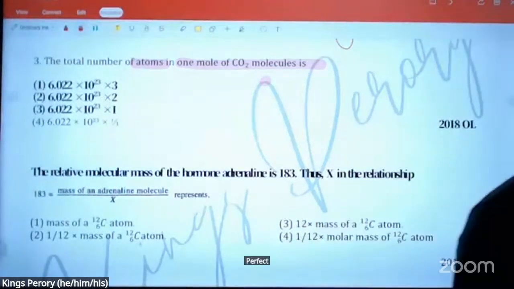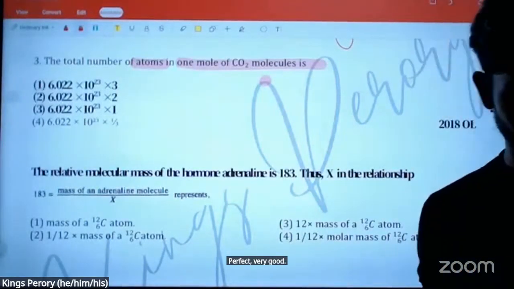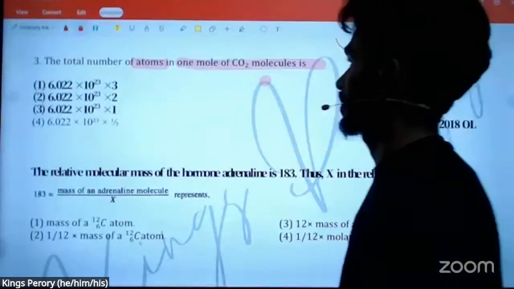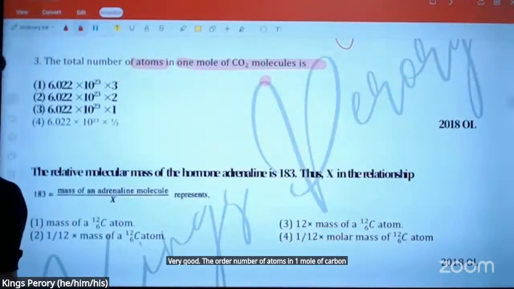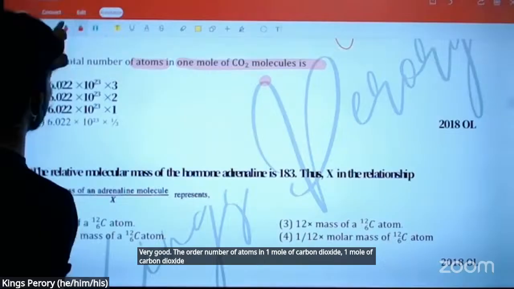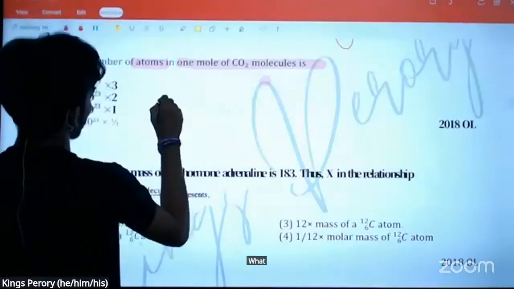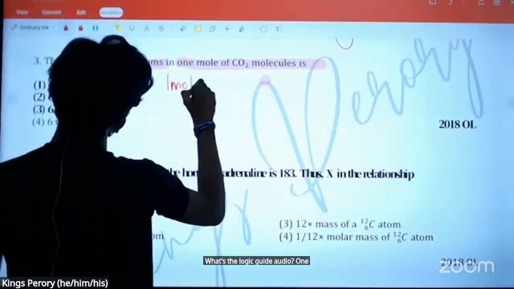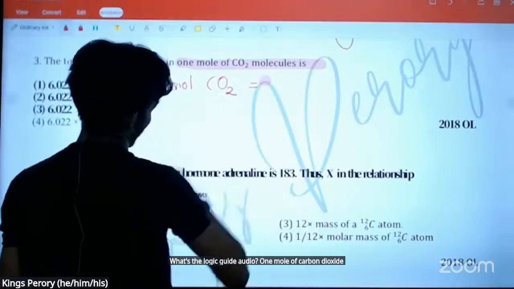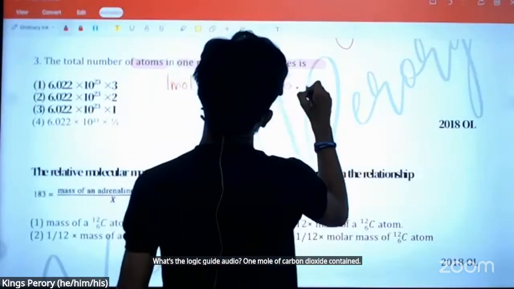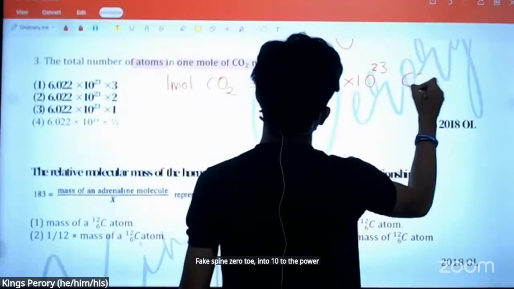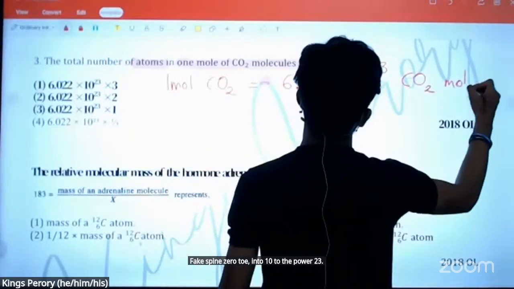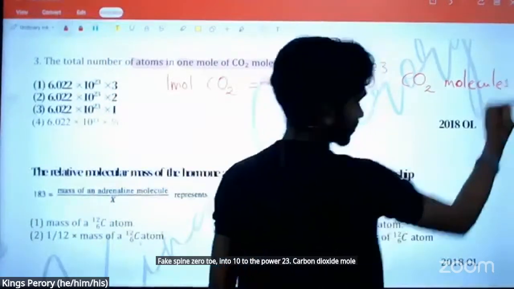Perfect. Very good. Total number of atoms in 1 mole of carbon dioxide. What's the logic I taught you? 1 mole of carbon dioxide contains 6.022 into 10 to the power 23 carbon dioxide molecules.